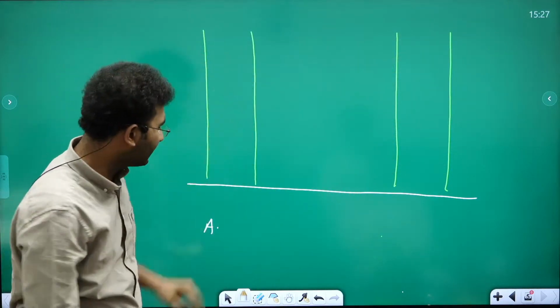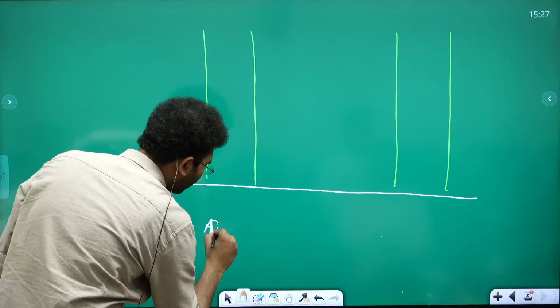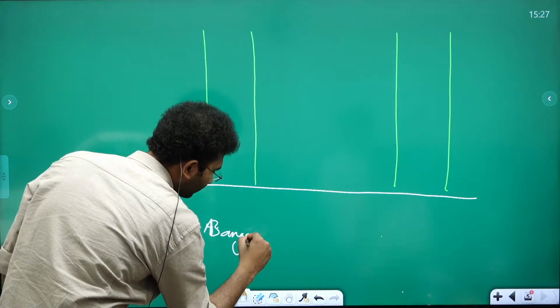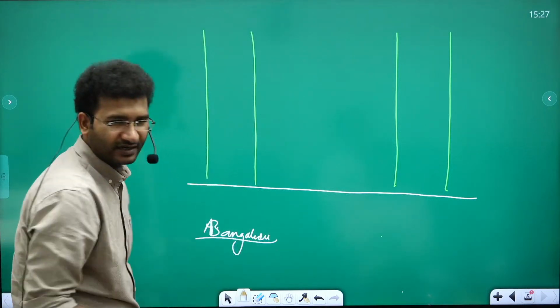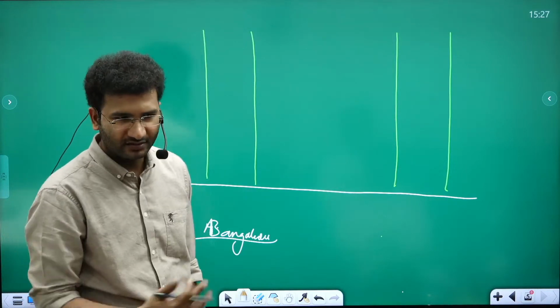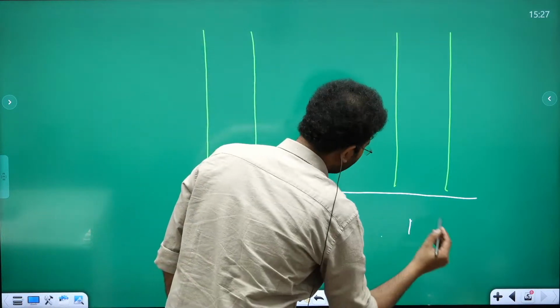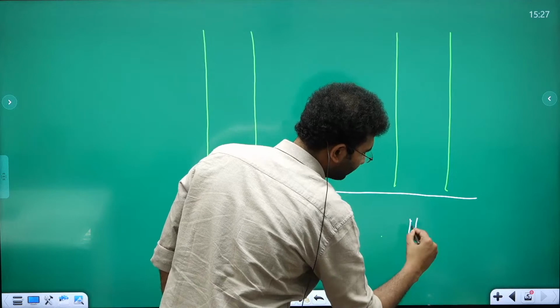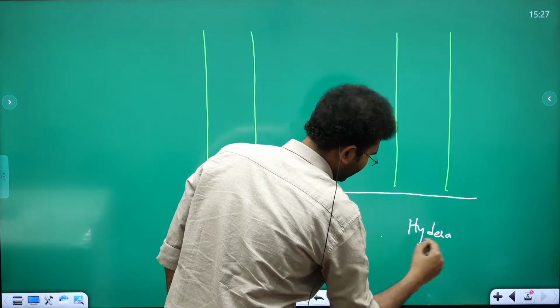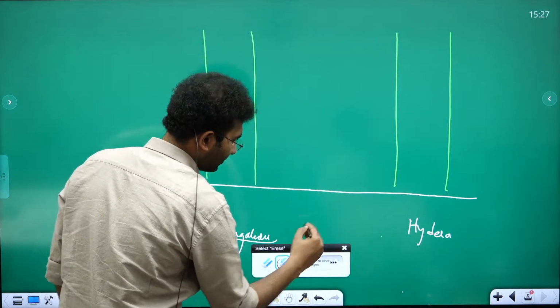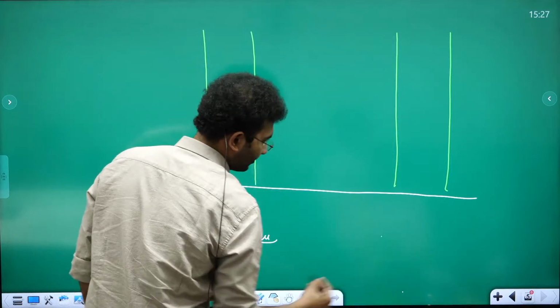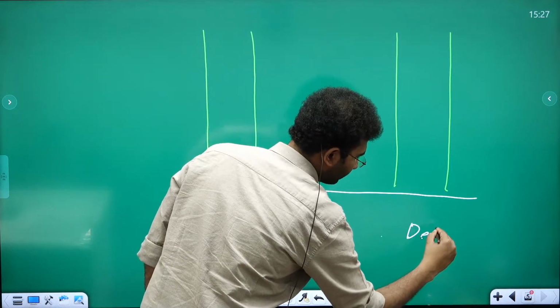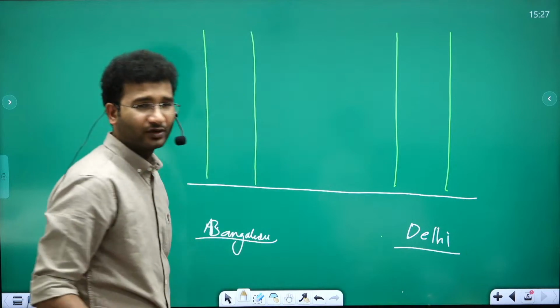Now let's understand, this is a place called Bangalore. Only for our understanding, in reality wind doesn't move like that. This is Bangalore and this is, you tell me another place. Okay, let's call this Delhi. Okay, this is only for your understanding.